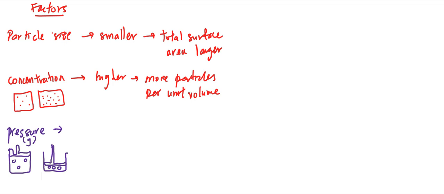So over here, the particles are further apart. Over here, the particles are closer together. So the concept is the same. When the pressure is higher, concentration and pressure, same thing. When the pressure is higher, we say there are more particles per unit volume, meaning that the particles are closer together.